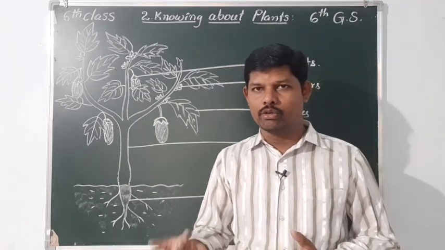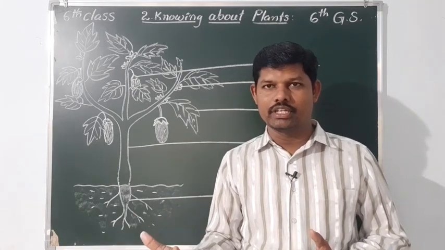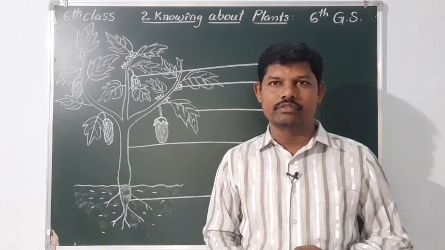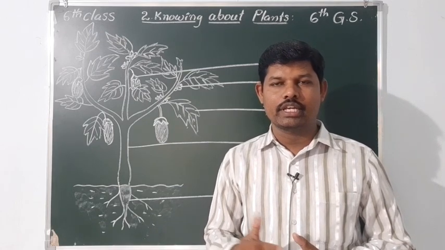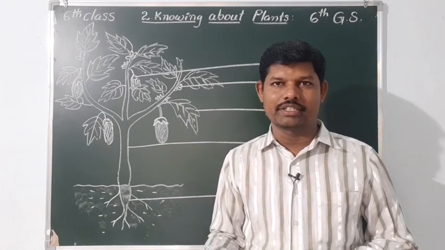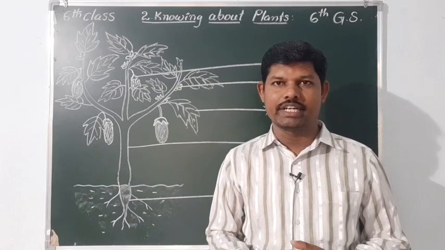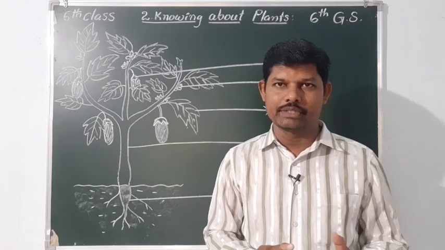For example, mango plant. Observe whether the roots are there or not, and stem, leaves, flowers, fruits. Next grass plant, another neem plant. It's your wish, you can take any plant. You have to complete table 1, activity 1.